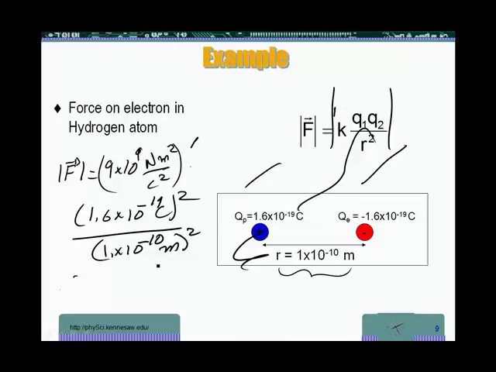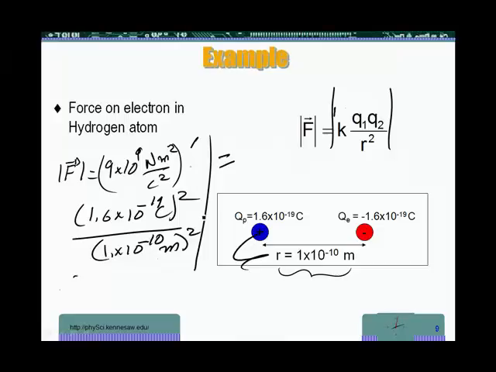I'm going to calculate it separately here. We have 10 to the 9, and then we have 10 to the minus 19 squared and 10 to the minus 10 squared. So 10 to the minus 19 squared is 10 to the minus 38 over 10 to the minus 20.